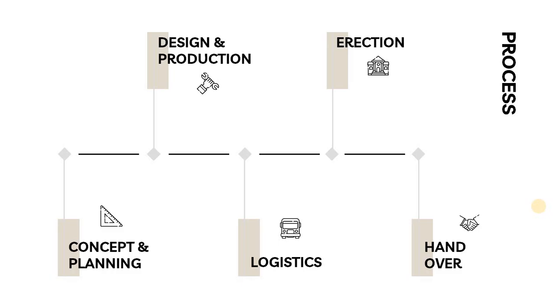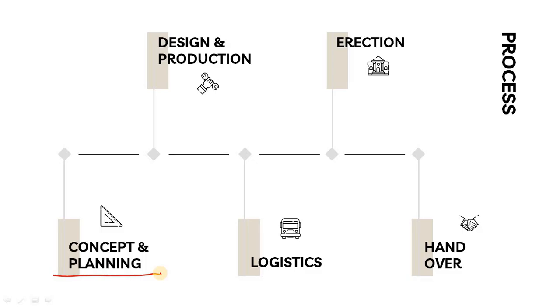First, let us understand the process, how it works. If we talk about the process of the precast elements, it starts with the concept and planning, where deep or micro level planning is required.